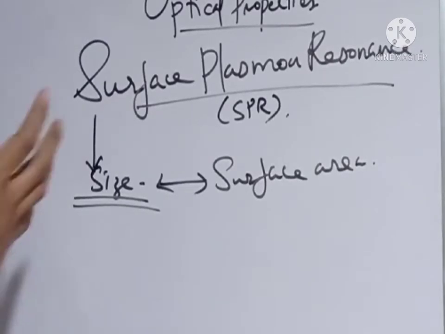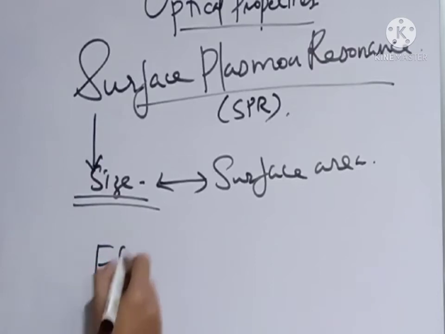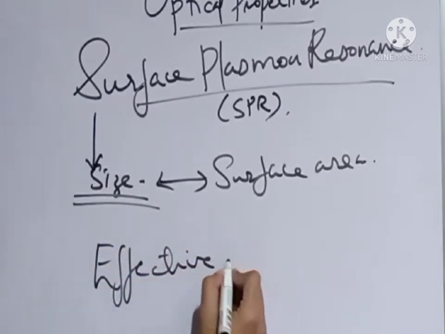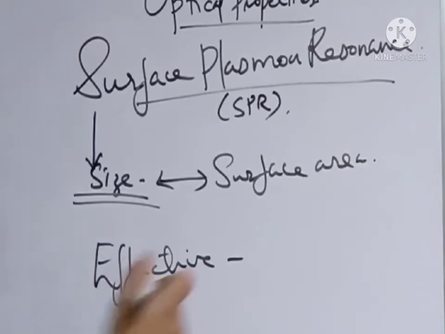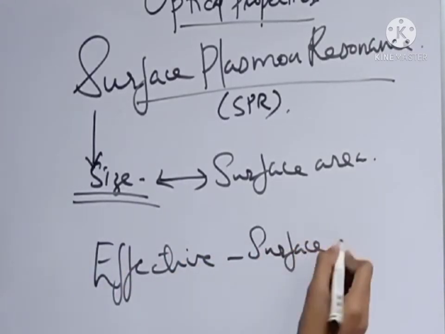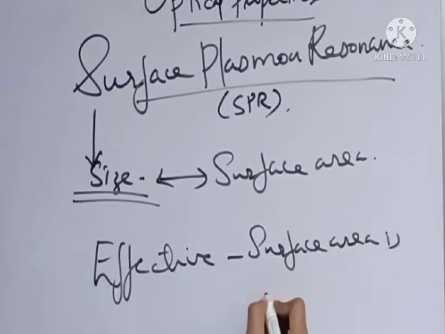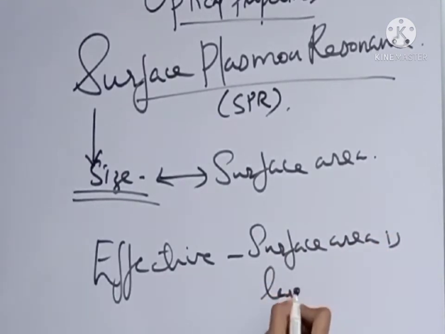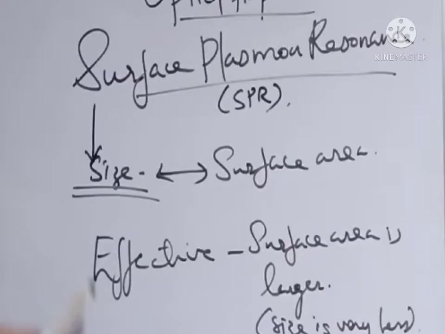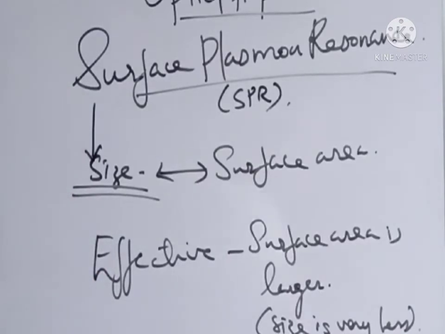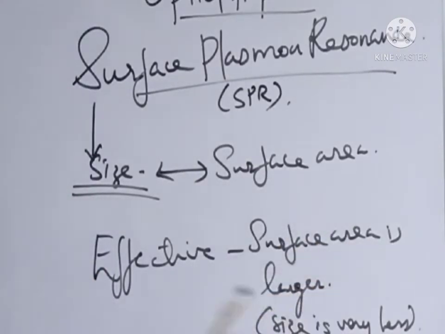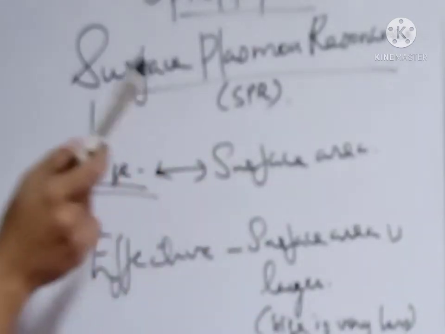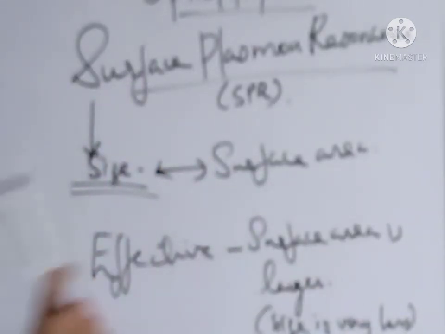Surface plasmon resonance is effective when the surface area is larger, that is, the size of the nanoparticle is very small.